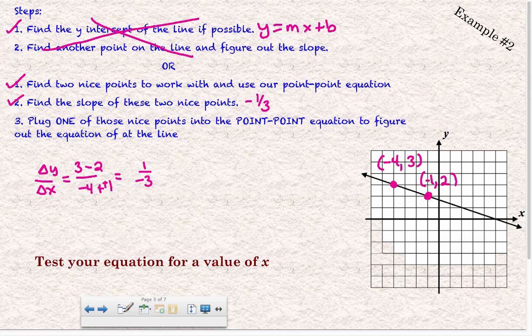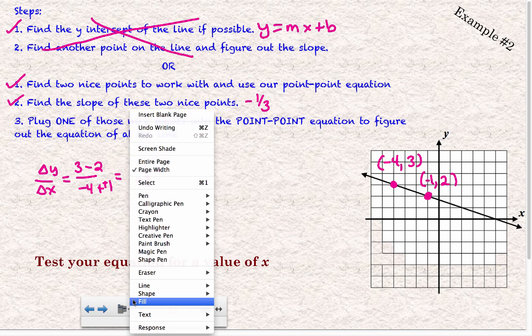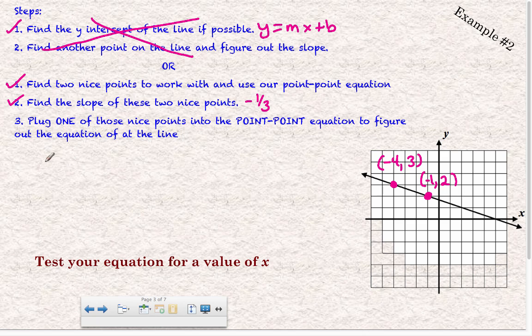So now we're going to learn how to use that point-slope formula. The formula says y minus one of the y values equals slope times x minus one of the x values.